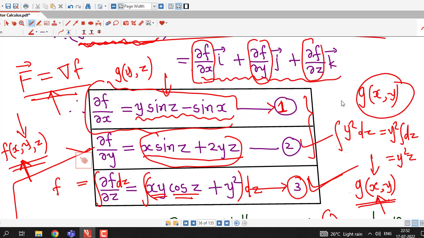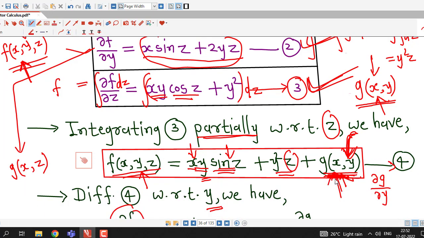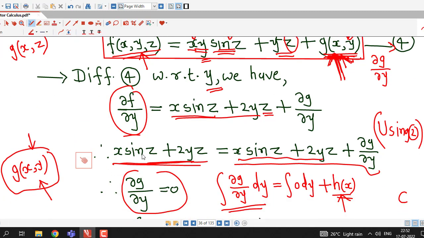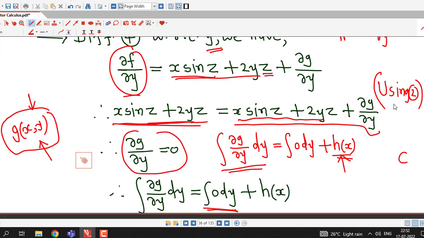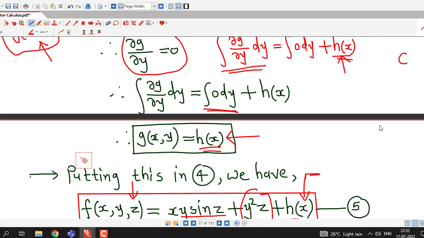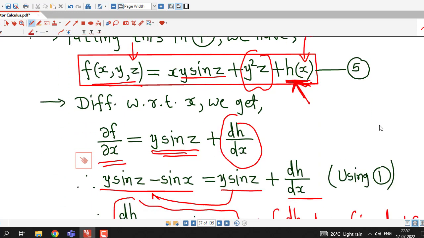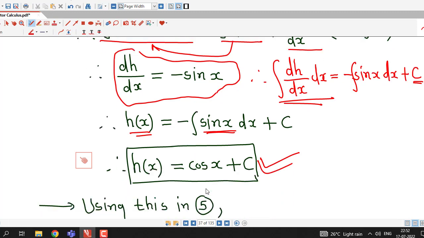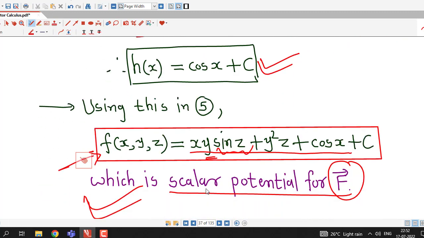So that is your choice. You can start with any of these three equations with which you are comfortable, and to obtain this arbitrary function of x and y, you have to use the remaining two equations. So first we use equation number 3, then we use equation number 2, and then we use equation number 1 to obtain the value of this h of x, and we are able to decide our scalar potential.